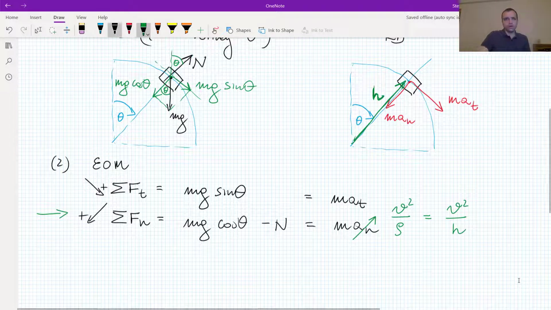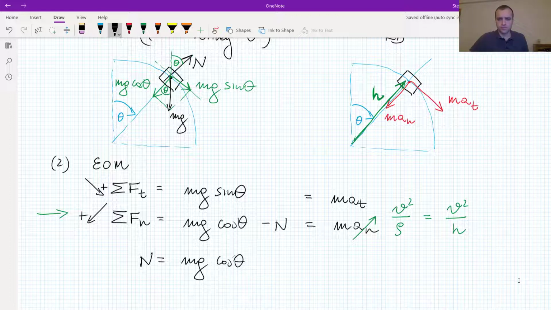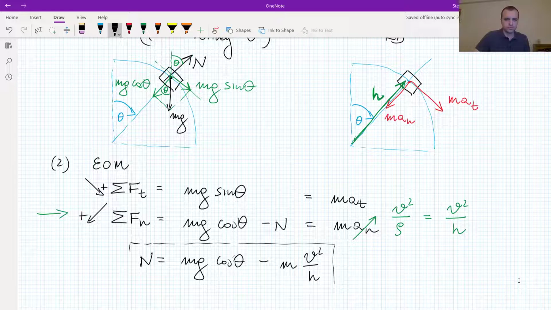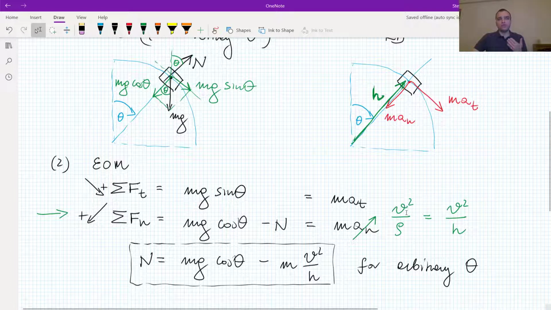Okay, so what do we have in here? We have expression for N. N is equal to mg cosine theta minus m v squared over h. And this is expression for arbitrary theta. However, we do not care what happens at arbitrary theta.